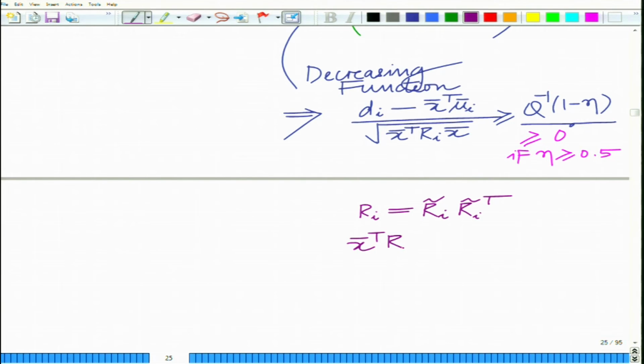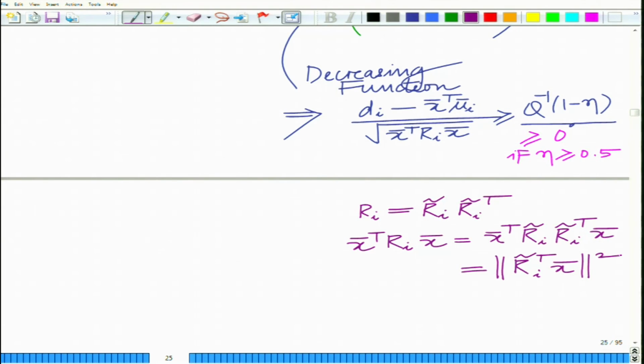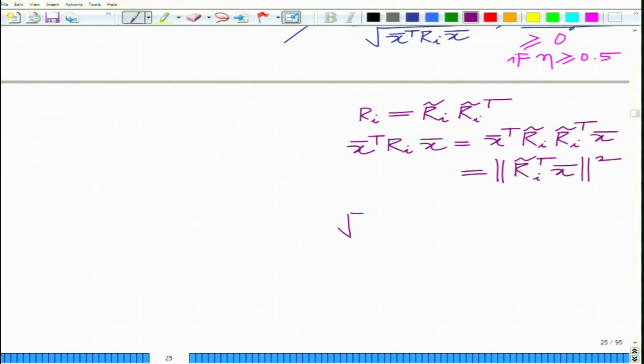This implies x bar transpose R_i x bar equals x bar transpose R_i tilde R_i tilde transpose x bar, and if you look at this, this is nothing but the norm square of R_i tilde transpose x bar, and therefore the square root of x bar transpose R_i x bar equals the norm of R_i tilde transpose x bar.